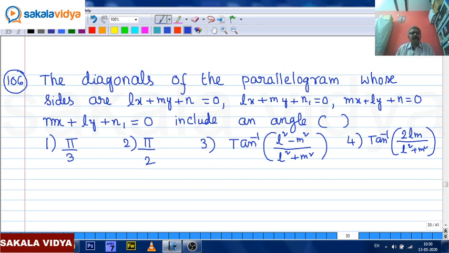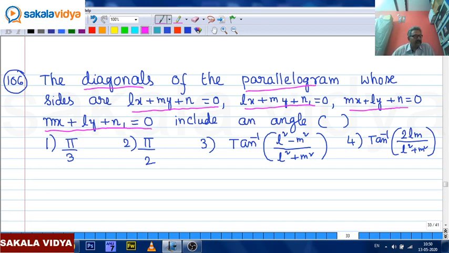Okay. The diagonals of the parallelogram whose sides are Lx plus My plus n is equal to 0, Lx plus My plus n1 is equal to 0, Mx plus Ly plus n is equal to 0, Mx plus Ly plus n1 is equal to 0. Include an angle. So, that means we need to find the nature of the parallelogram.